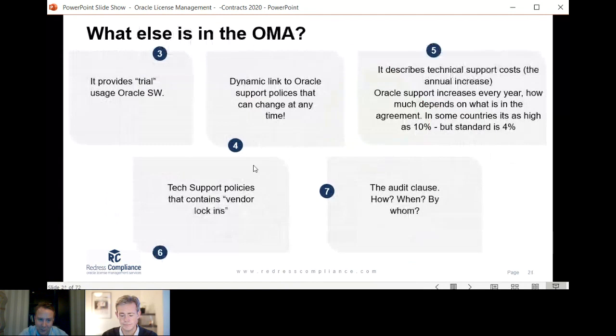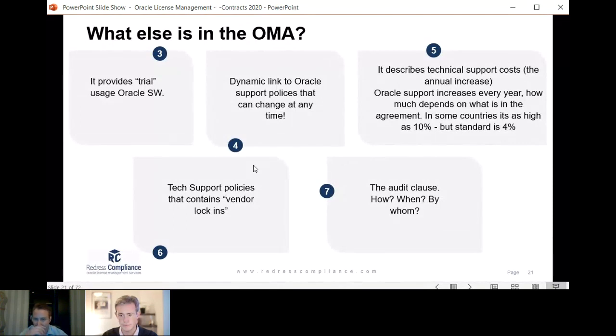What else is in the OMA? It provides you with trial usage of Oracle software. So you may download Oracle software for trial purposes, but there's a text and it's very restrictive of how you can download and use Oracle software in that capacity. It also contains a dynamic link to Oracle support policies that can change at any time.